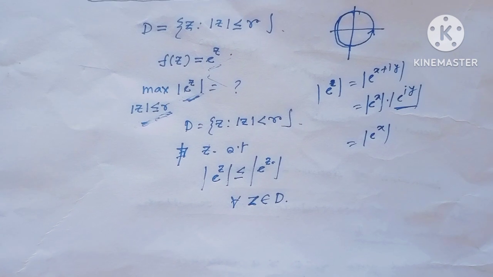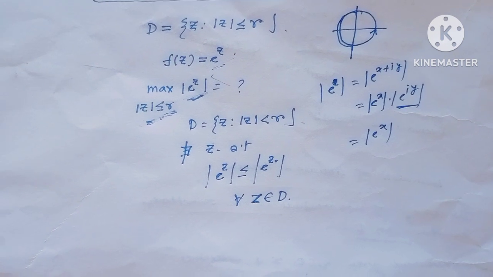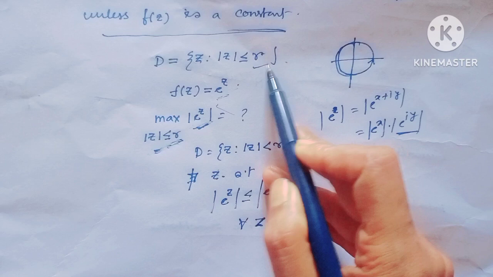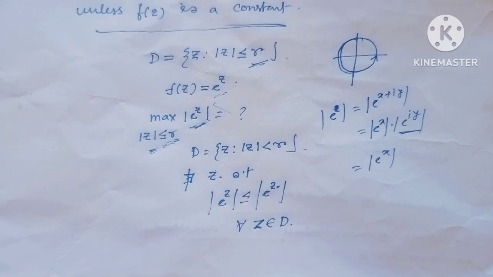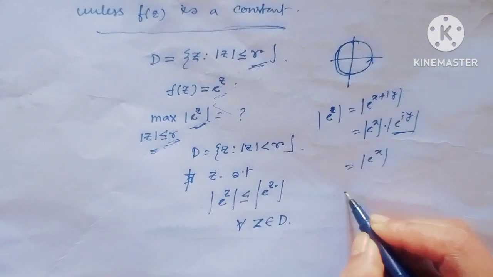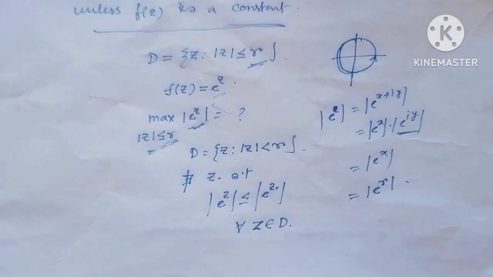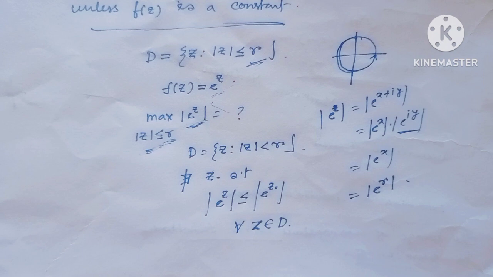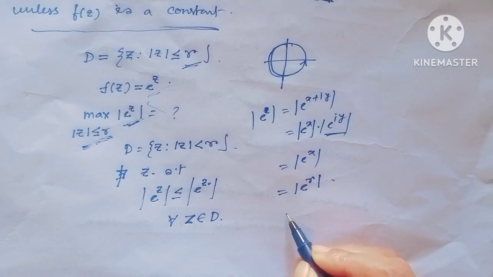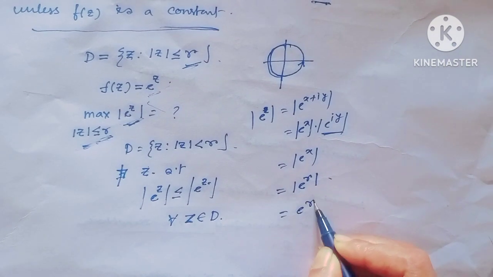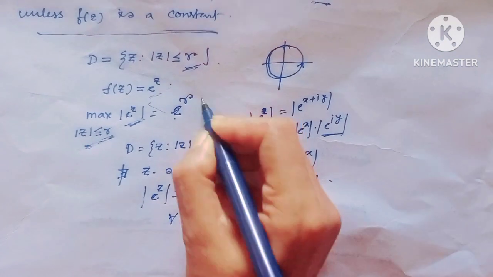By the maximum modulus theorem, in this domain the maximum value exists only on the boundary. So this value is the absolute value of e to the power r. I hope all my viewers have understood. The modulus of e to the power r means e to the power r, so this value is e to the power r.